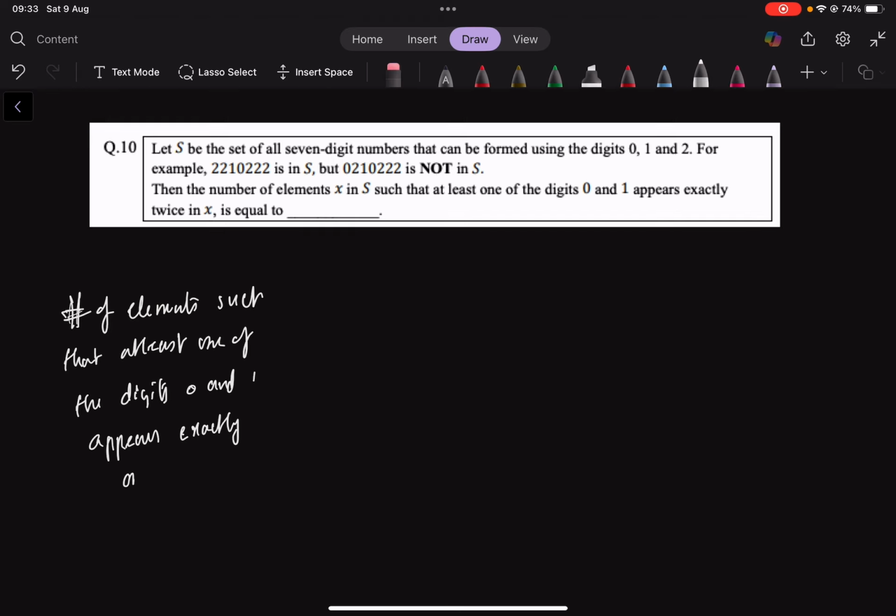Since we have the word "at least", we have to think in the direction of the principle of inclusion and exclusion.